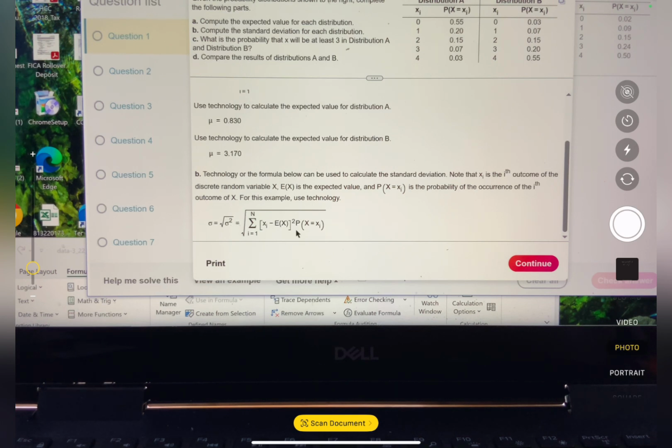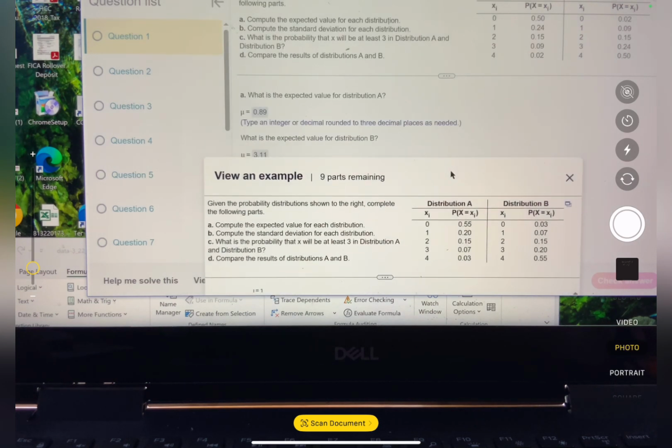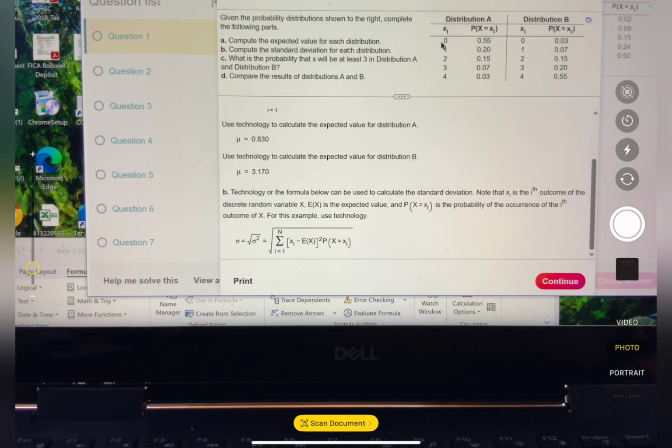Then, writing down this formula, what does that mean? It's going to be the square root. I'm taking every single x minus the expected value. The expected value here is mu, in our case 0.89. So from every single x, I need to subtract 0.89.